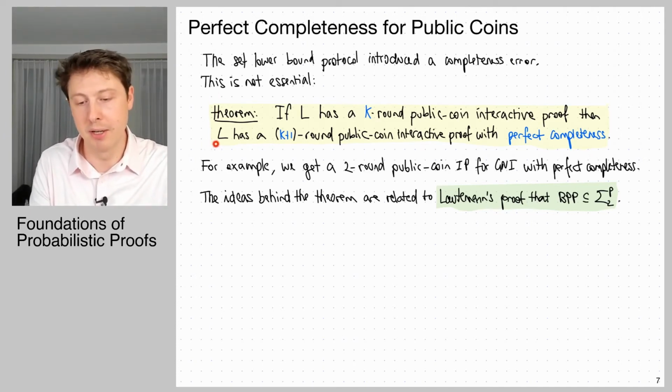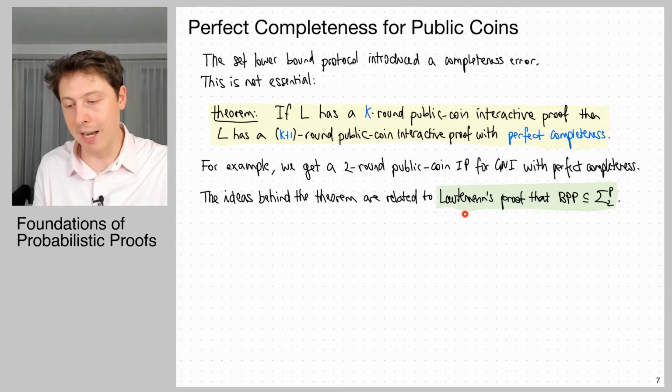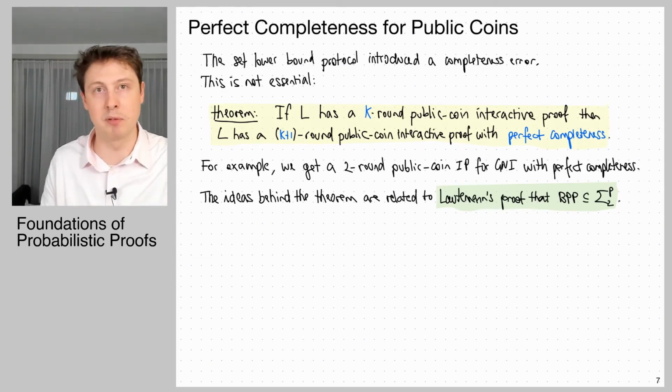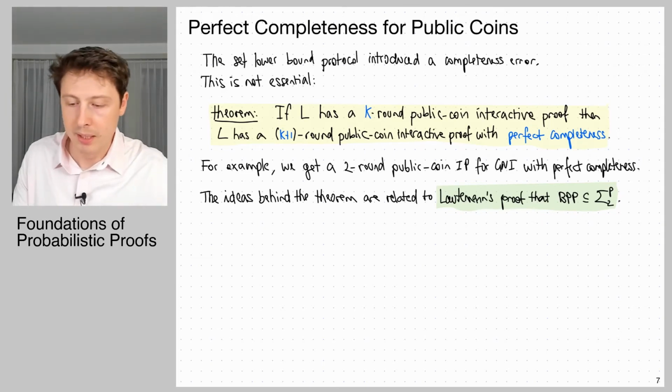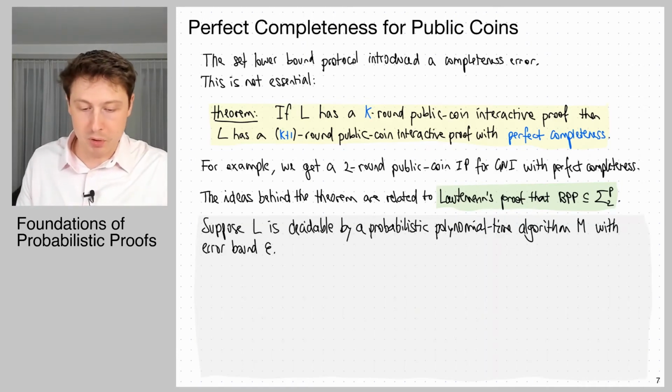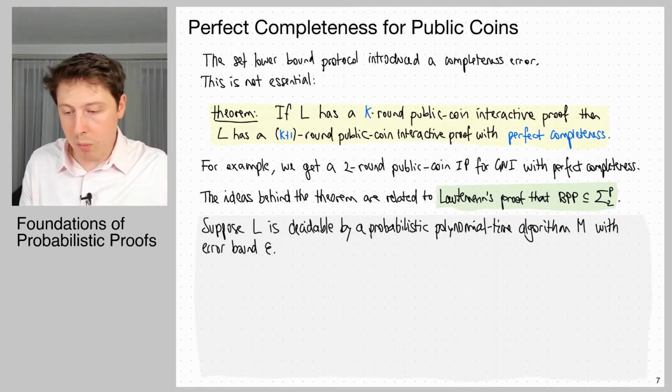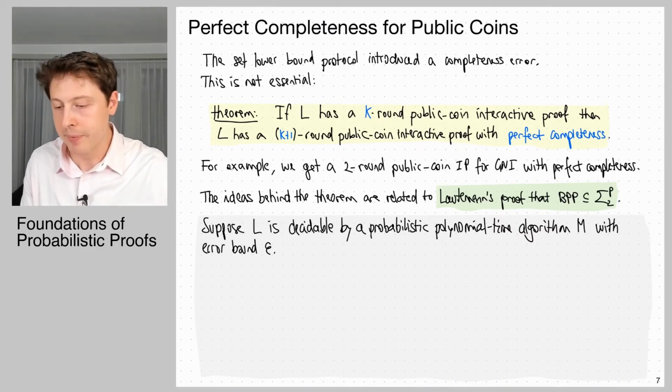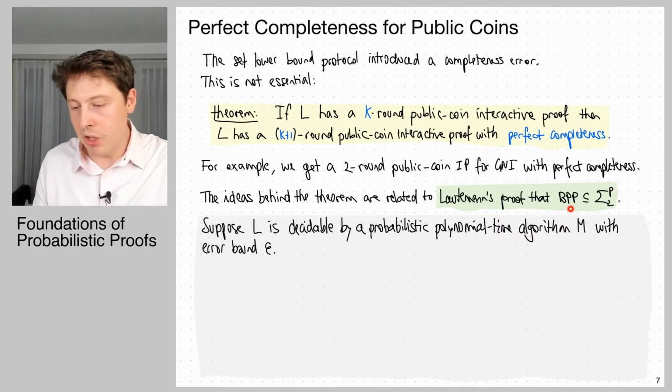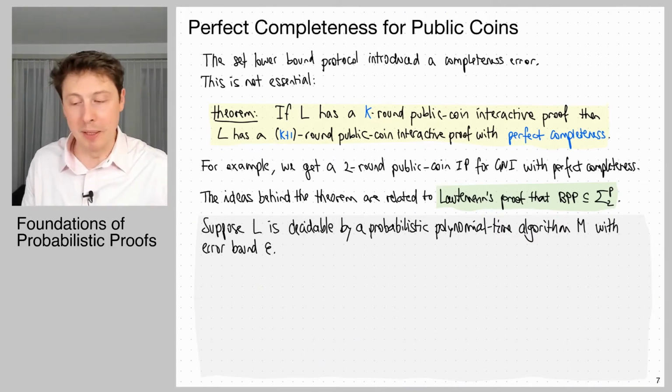So this result was really proved because we had a good understanding of this type of results. Now, here it is. We want to prove, in a very short way, that every language in BPP is in fact in Sigma 2 P. So suppose some language L is decidable by a probabilistic polynomial time algorithm M with error bound epsilon.